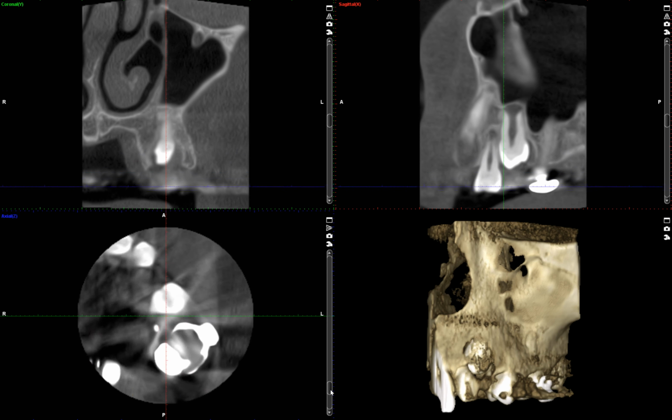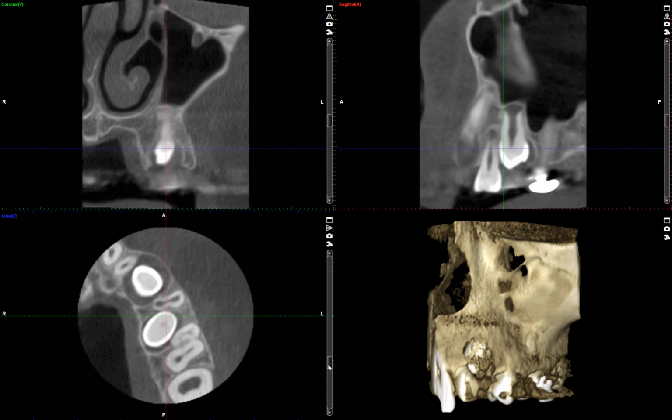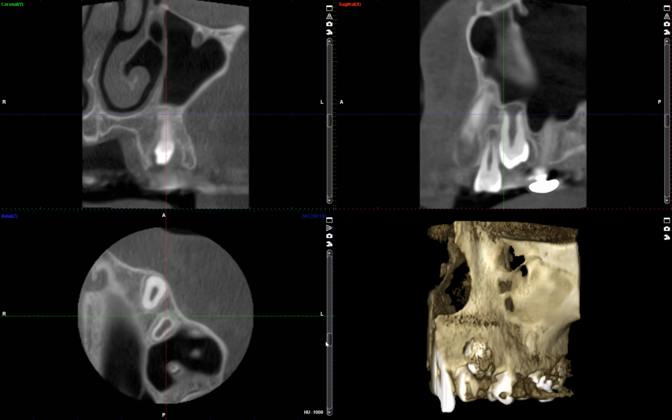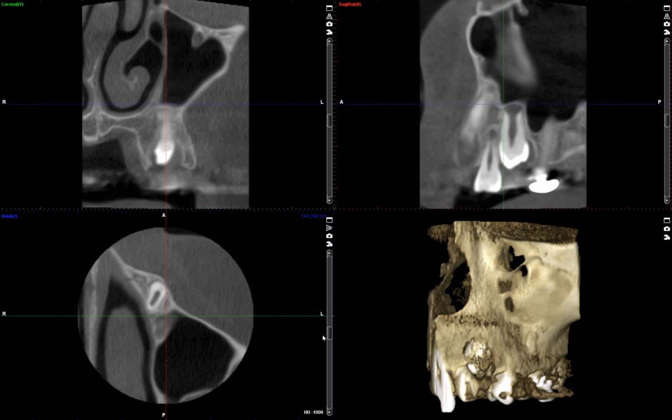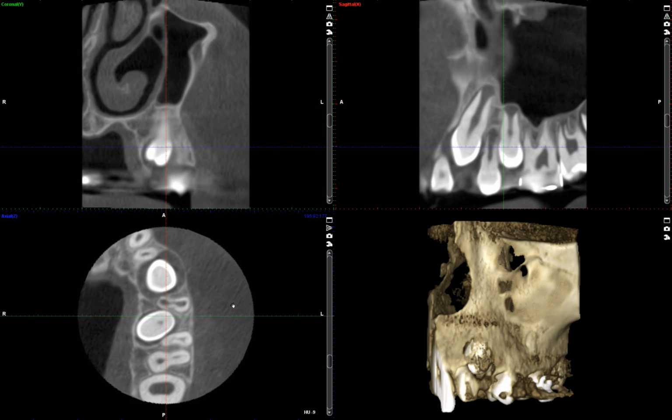So let me get to the bottom of the volume and then scroll back up again. Now I would like to rotate the volume so that we can look at a corrected sagittal view.